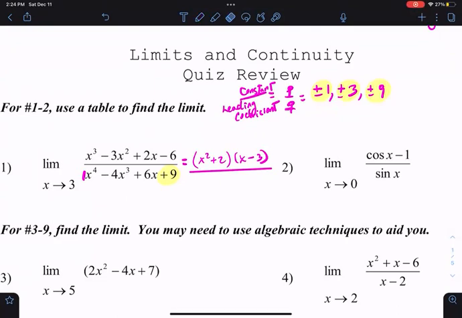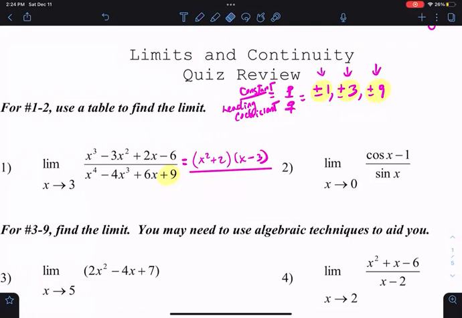So you need to try to plug these numbers into this denominator to see which one works, right? I already did this. If you plug in 1, you're going to get these things, and you need to get 0. So when you plug in 1 or -1, 3 or -3, 9 or -9, you need to get 0.